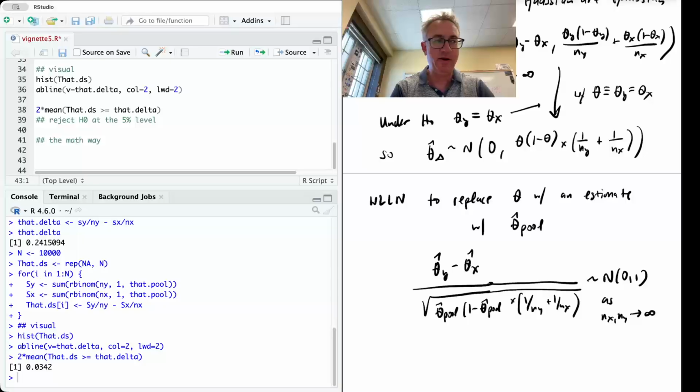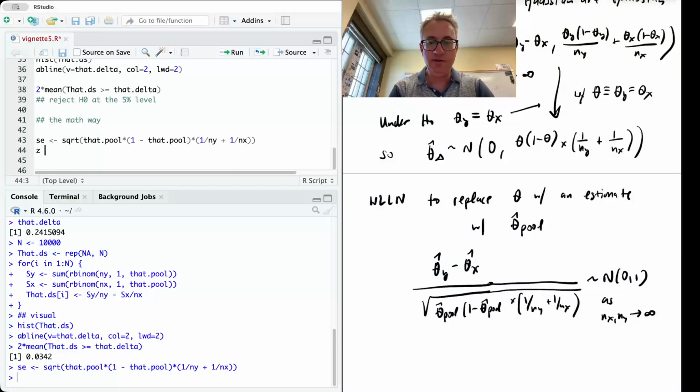So I like to start by calculating the standard error. So the standard error is the square root of theta hat pool times 1 minus theta hat pool times 1 over ny plus 1 over nx. And then my z statistic is the difference between theta hat x and y, which I already calculated as theta hat delta, divided by the standard error.